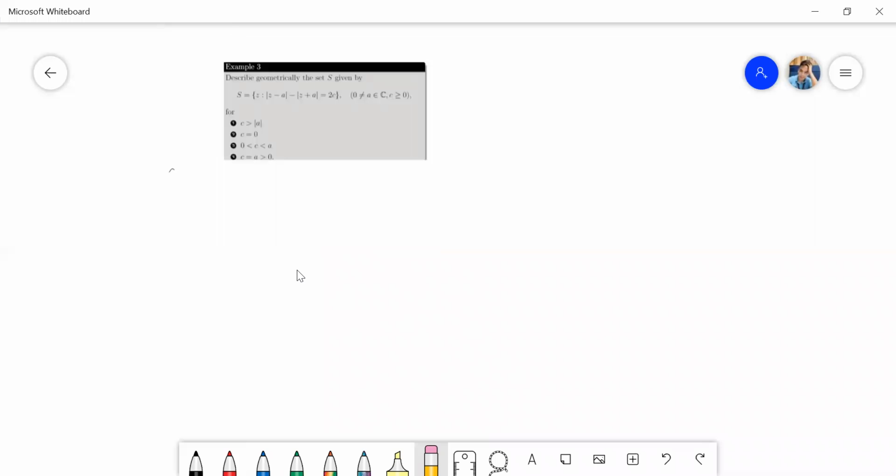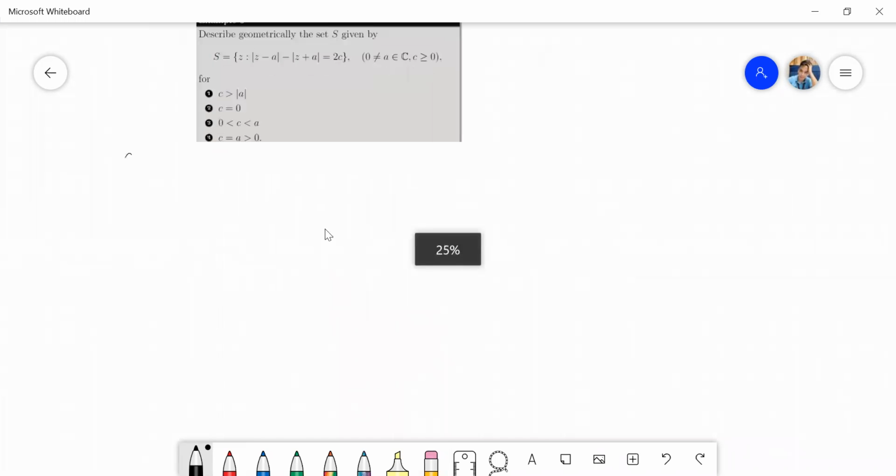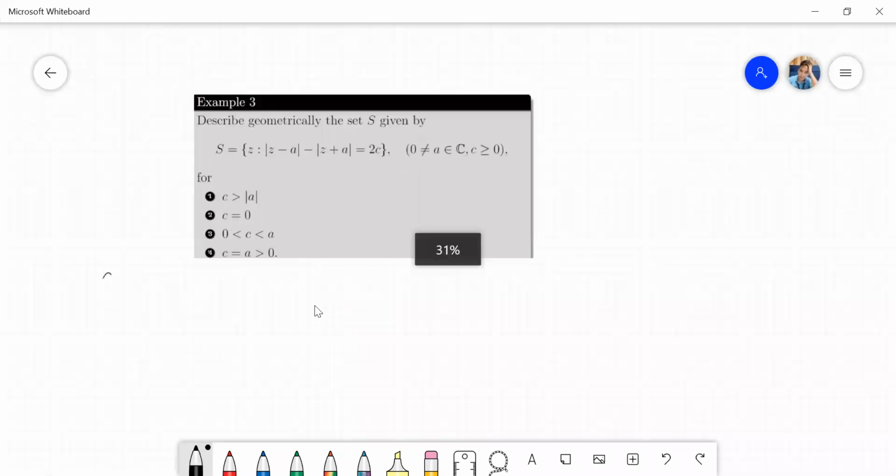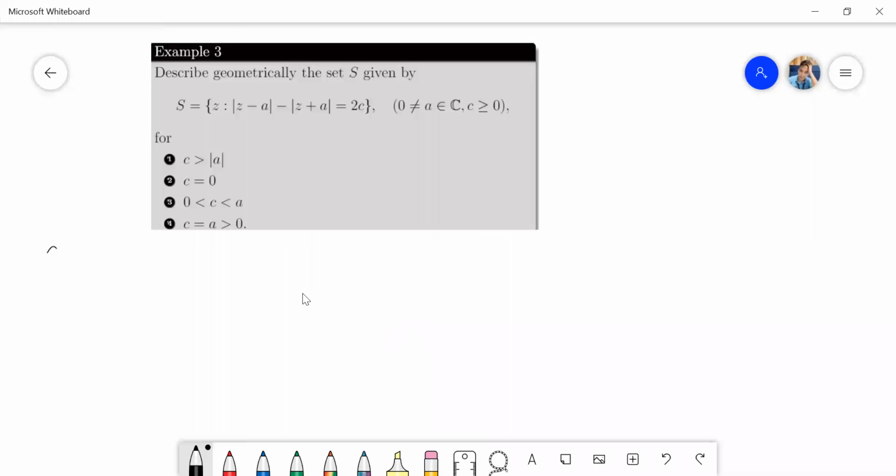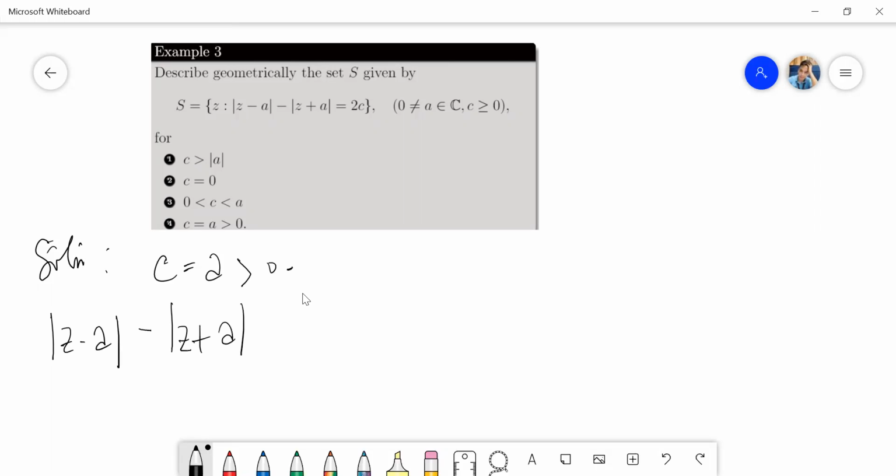So let's go to the case at which your a and c are equal. And when they're equal, they should be positive. So this is now the last case. This is very simple. So you have the modulo of z minus a minus the modulo of z plus a equal to 2c.